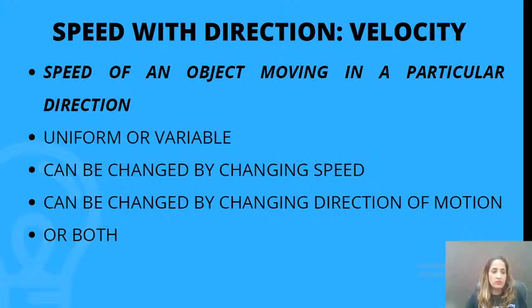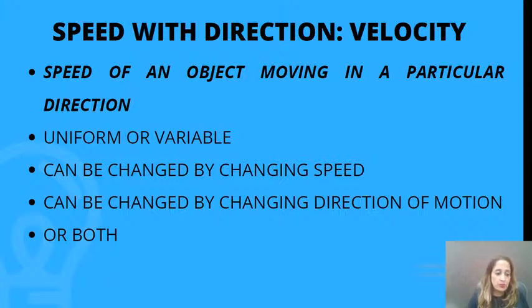All right, so we have speed with direction. So far we studied just speed, just the magnitude, the distance covered by an object in a given period of time. But what if that object is moving in a particular direction? Then we will not call it speed, we will call it velocity.